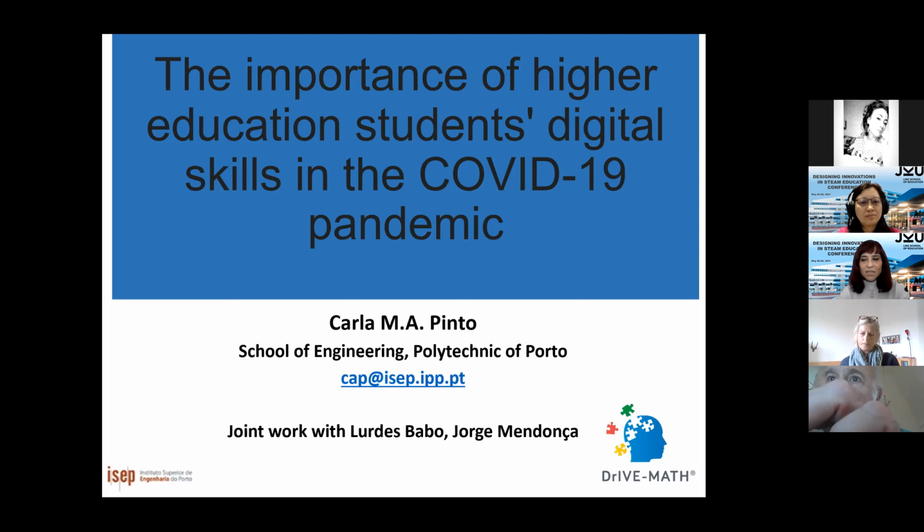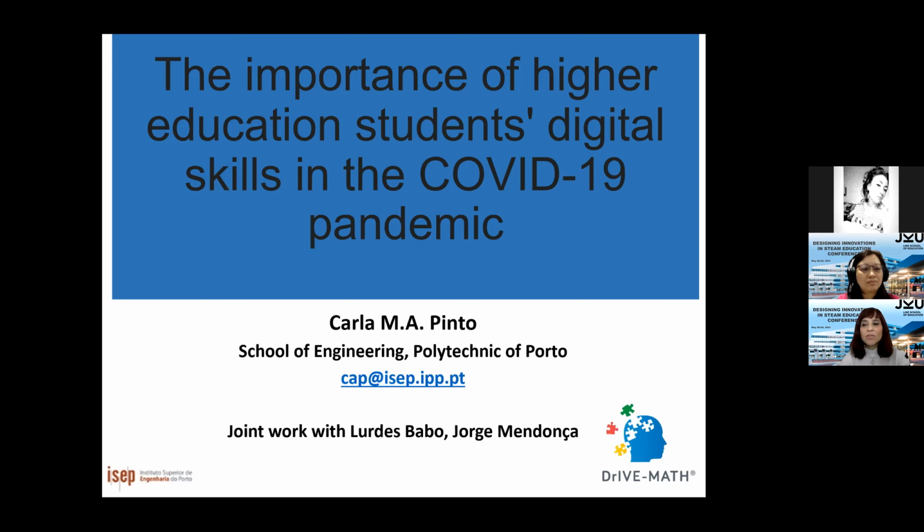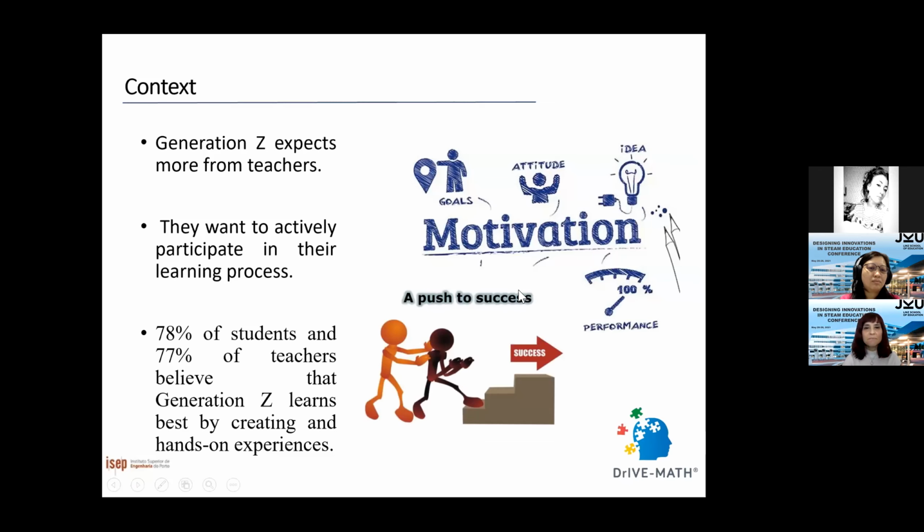So we decided to ask students their perceptions on this type of study and do this in different courses, different bachelor degrees, namely informatics degrees, biomedical, so that we could figure out if there were any differences in their responses, in their perceptions regarding the digital skills that they had. Informatics degree students have better skills, of course, than the other students.